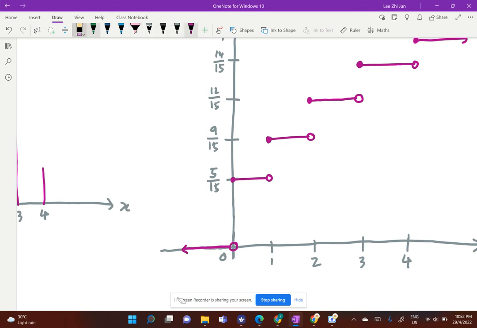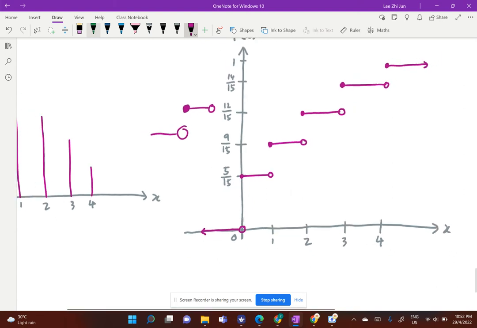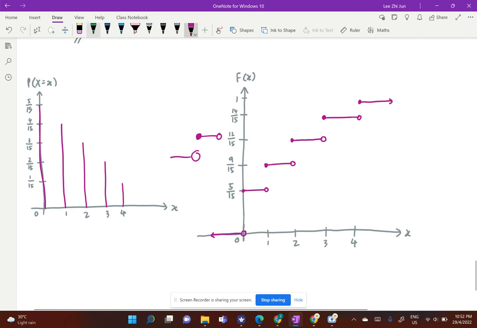So the blank round shape does not touch, while the colored round shape includes the point. So the cumulative will be 0, then 5 per 15, 9 per 15, 12 per 15, 14 per 15, and 1.